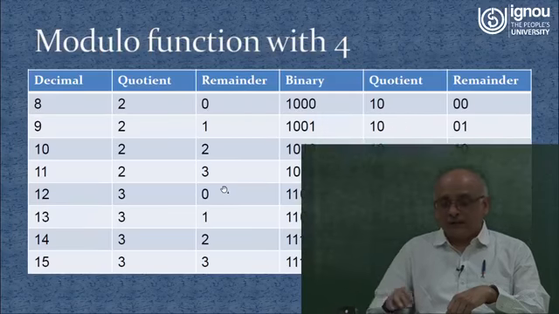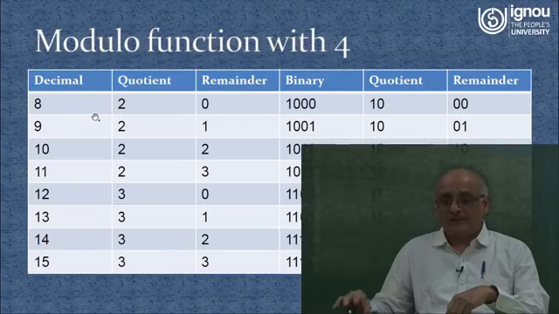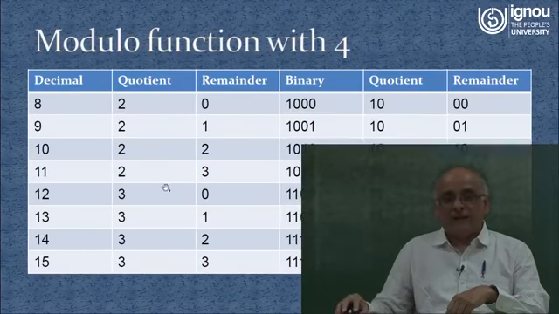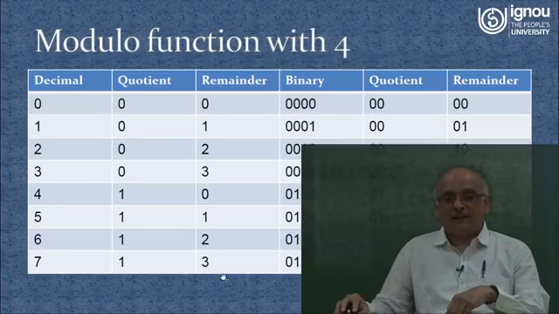So the 4 candidates for meeting room 0 are 12, 8, 4 and 0. For meeting room 1, it will be 1, once again 5, then 9 and 13. Likewise, for meeting room 3, 15, 11, 7 and 3.